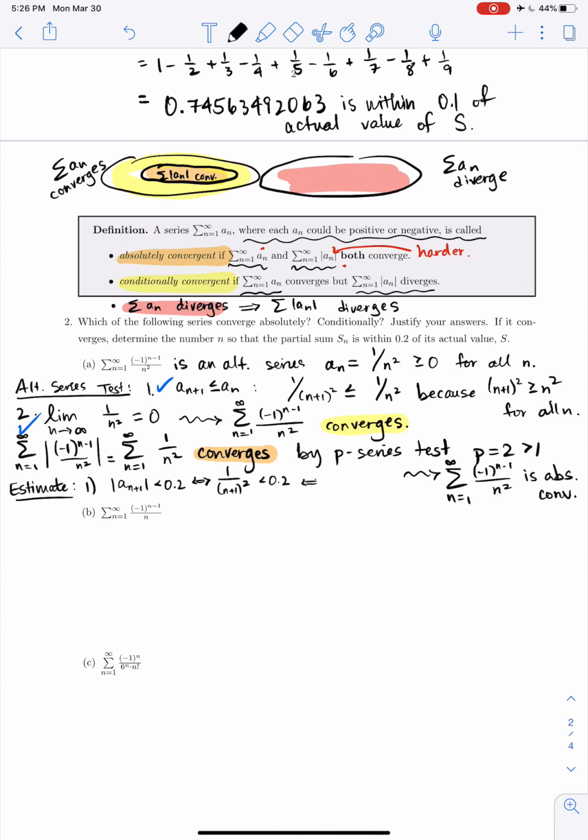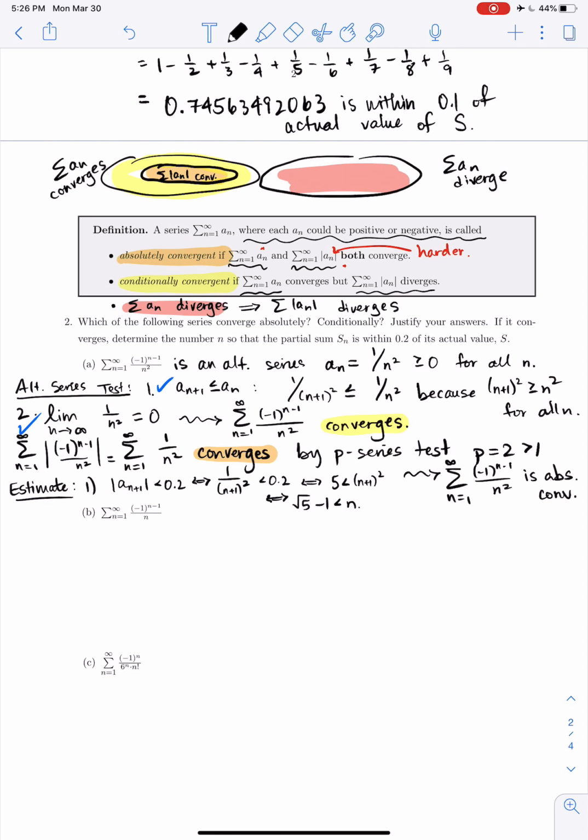Well, that means that we want 5 to be less than n plus 1 squared. And that is true if root 5 minus 1 is less than n.